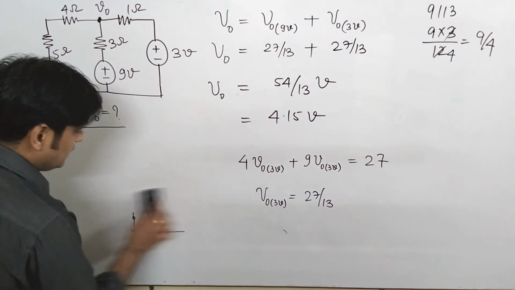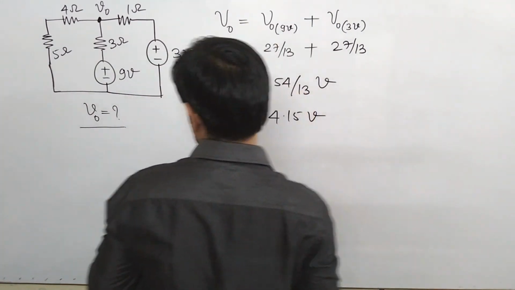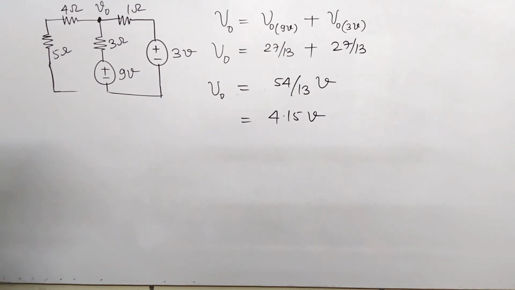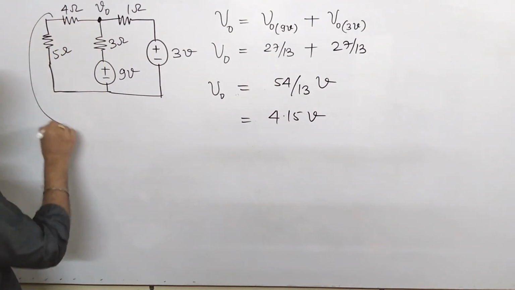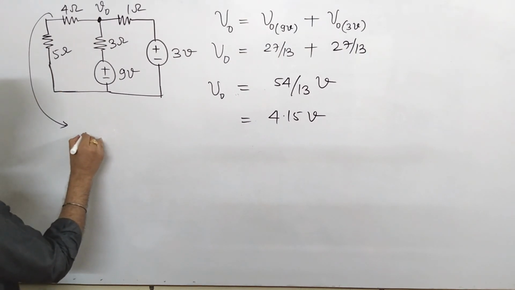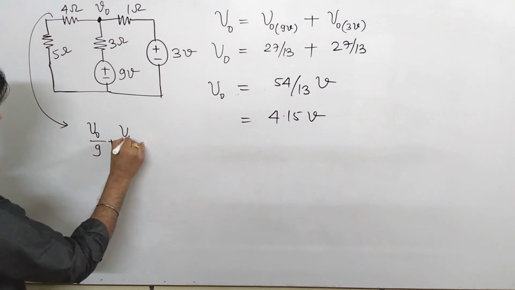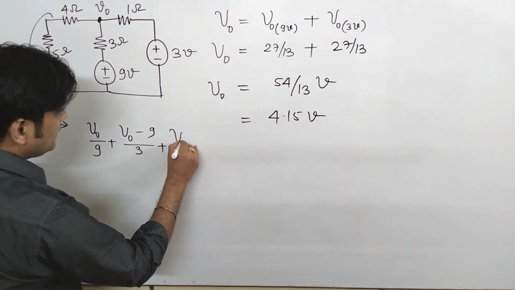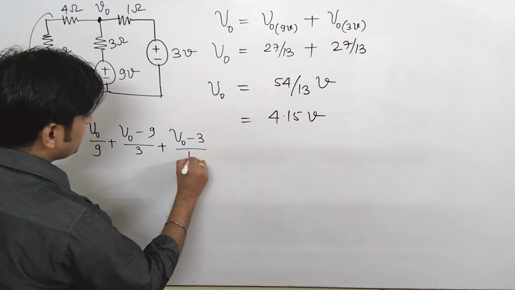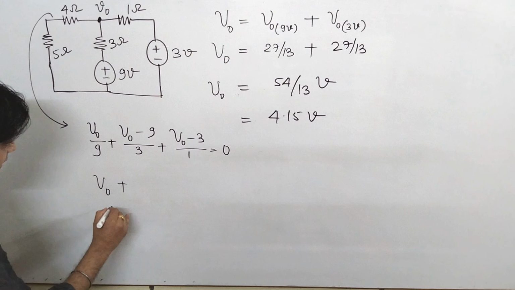Now we will just cross verify whether whatever we have done is correct or not. So that we also see here. Now in this network I am directly applying KCL. Please see, it is V naught by 9 plus V naught minus 9 upon 3 plus V naught minus 3 upon 1 is 0. So it comes to be V naught just multiplied by 9.